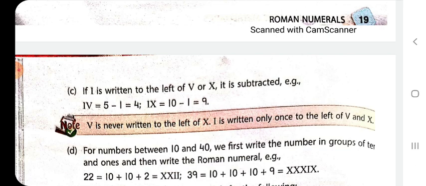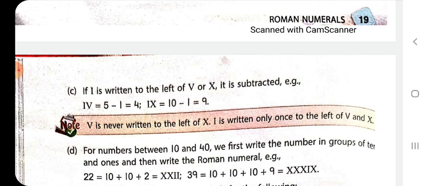And I is written only once to the left of V and X. I can be written only once on the left side of V and X. One more important point: if we write any symbol to the right of another symbol, it is getting added, it is getting plus.